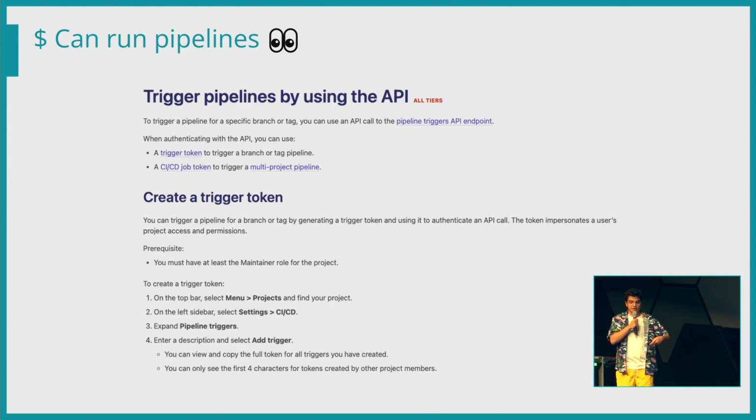So when you are creating a pipeline, you can create an API token just for this pipeline. And so you get one API token for the pipeline that you want to trigger, right? It's not one token for all pipelines, it's just one token per pipeline.